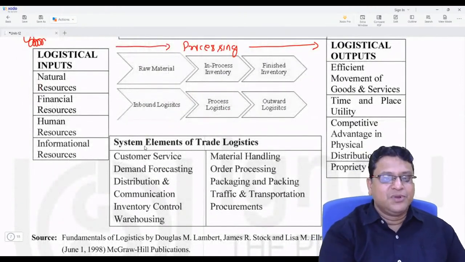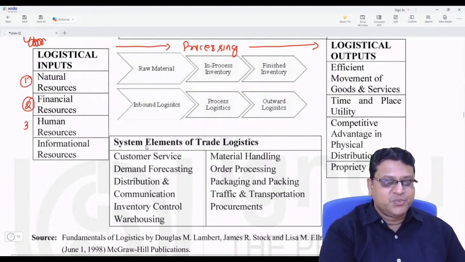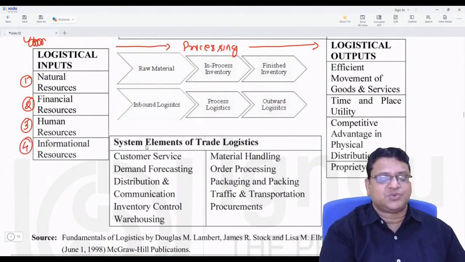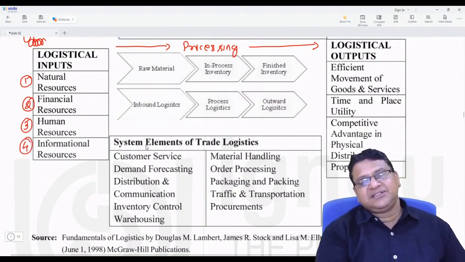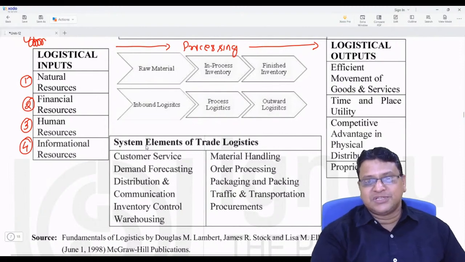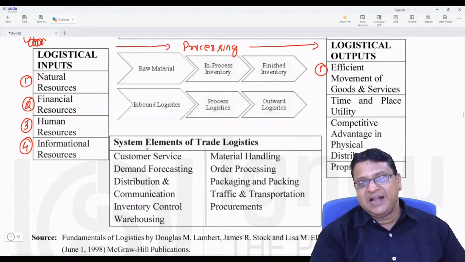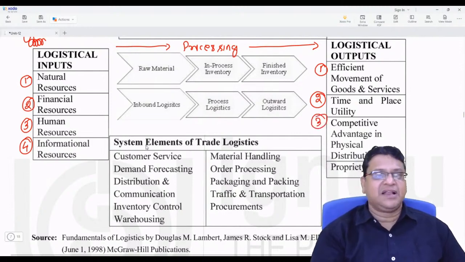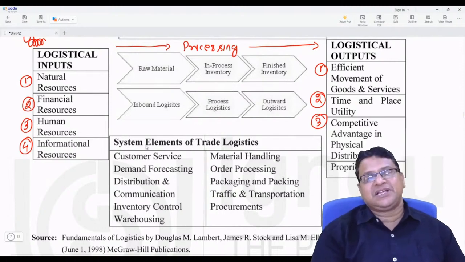Logistic inputs will be in the form of natural resources, financial resources, human resources, informational resources. And these will be processed. What is the logistic output? Logistic output is efficient movement of goods and service, and creation of time and place utility and competitive advantage in physical distribution.